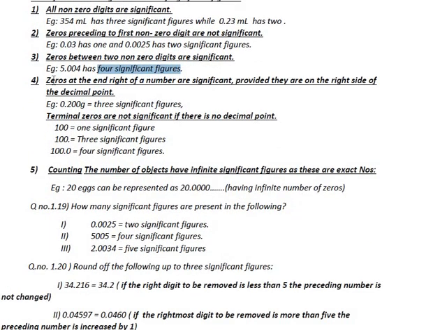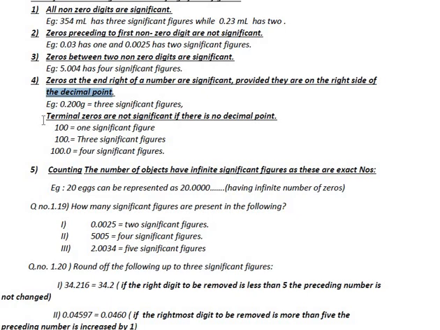Now, let us see the next rule. Zeros at the end right of a number are significant. When are they significant? There is a condition: provided they are on the right side of the decimal point.